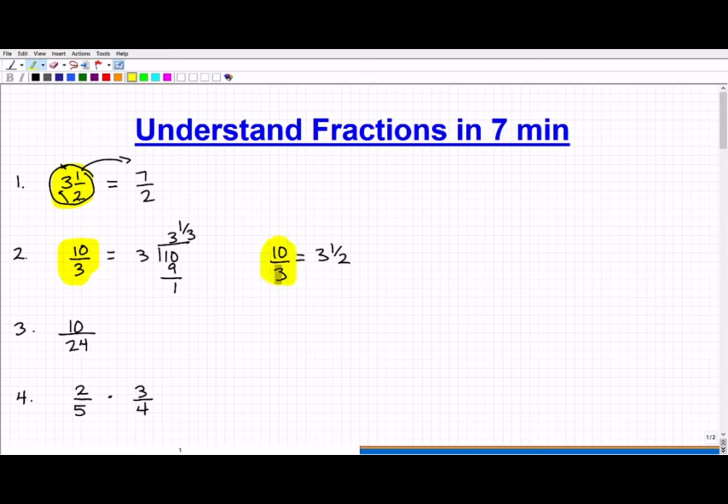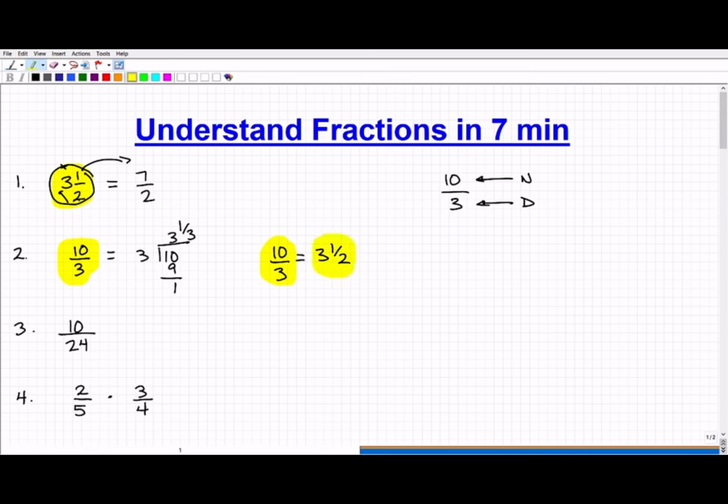This is an improper fraction because the numerator, I should break this up here, 10/3. When we're dealing with fractions, the top number is the numerator, the bottom number is the denominator. Anytime the numerator is bigger than the denominator, we call that an improper fraction.